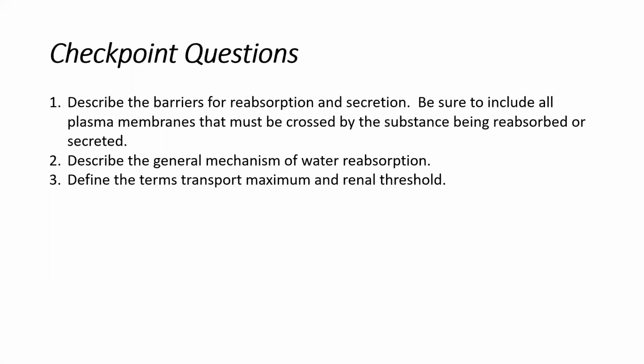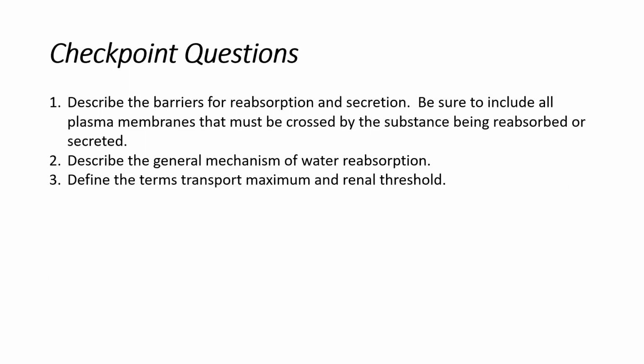And then finally, define the terms transport maximum and renal threshold. We said transport maximum was the rate of movement. Remember, this is a rate, whereas renal threshold is a plasma concentration. So you want to differentiate those two terms. Transport maximum is the rate of movement when all the transporters, all the carriers, are fully saturated.